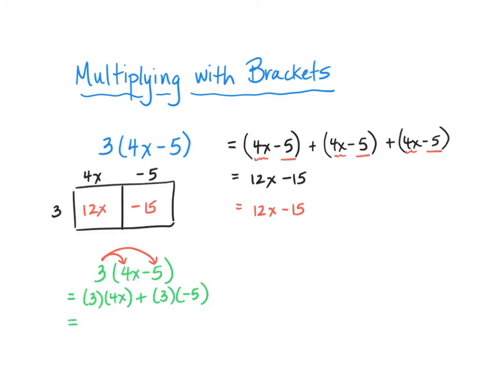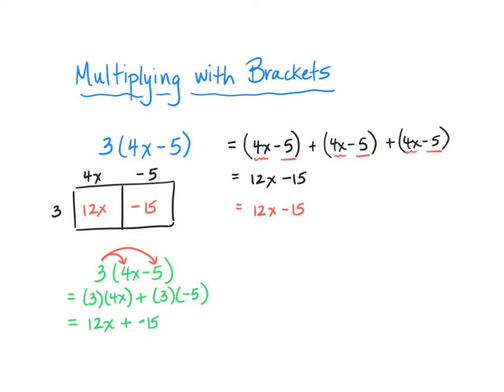The way that this may seem familiar is that now we have monomials that are multiplied together, and we just did a little bit of work with multiplying monomials. We said that we would take the numbers in front, the coefficients, and multiply those, and then multiply the variables as well. So in the first situation, we would have a 3 times a 4x, which is 12x, and then we had a 3 times a negative 5, which was negative 15.